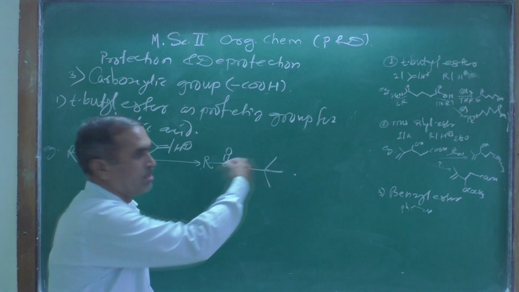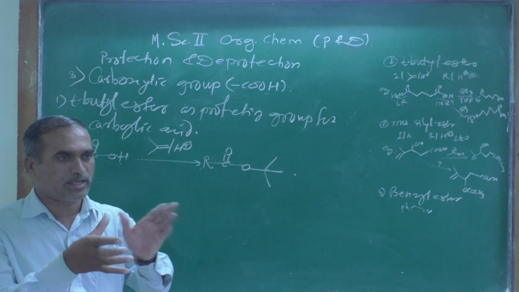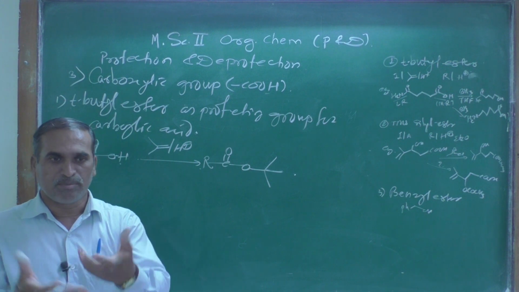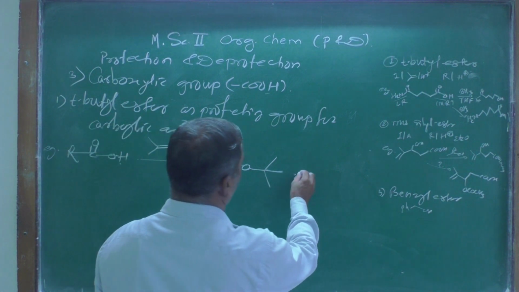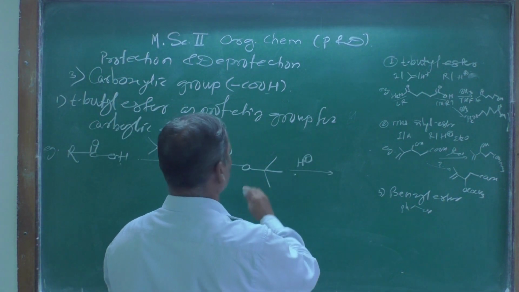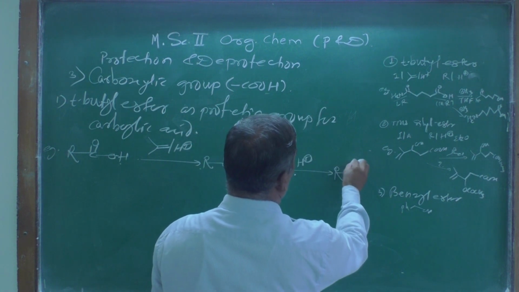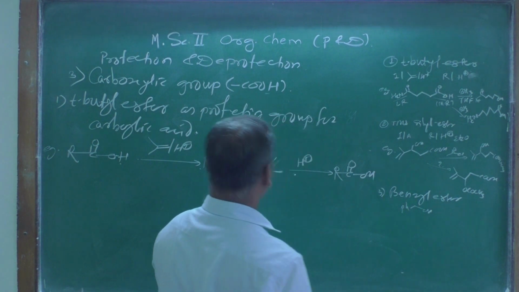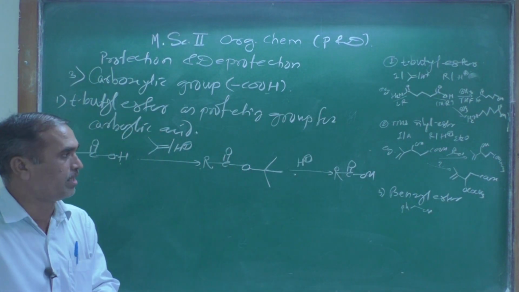This tertiary butyl group is a very bulky group, and therefore the reactivity of that ester becomes very low. And now when it is treated with H plus, we will get RC double bond OH, that is, the carboxylic group gets free here.